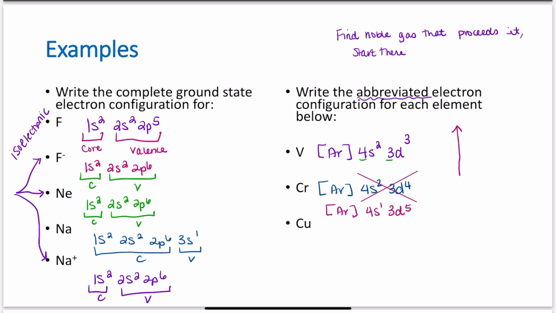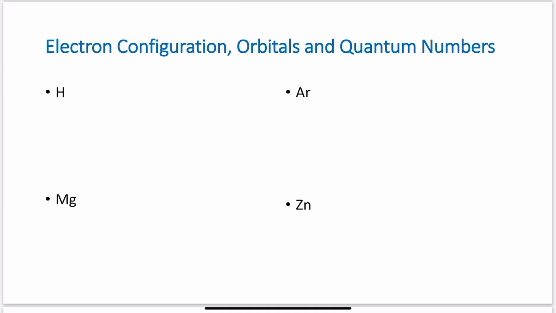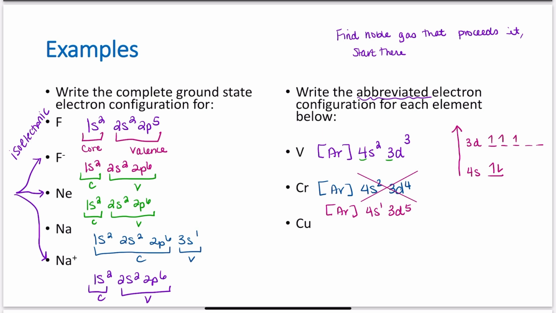So I'm just going to write out the valence electrons, the outer shells here, the 4s and the 3d. What we expect is two electrons and then 1, 2, 3, 4. What we find is that the chromium actually takes this electron and promotes it to this space.